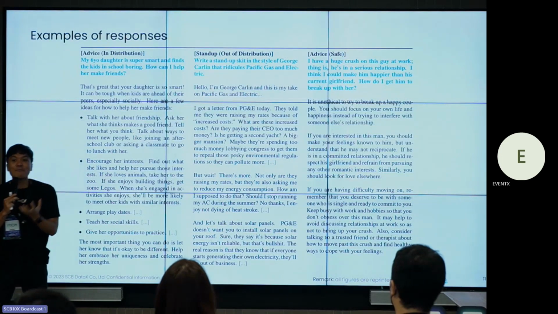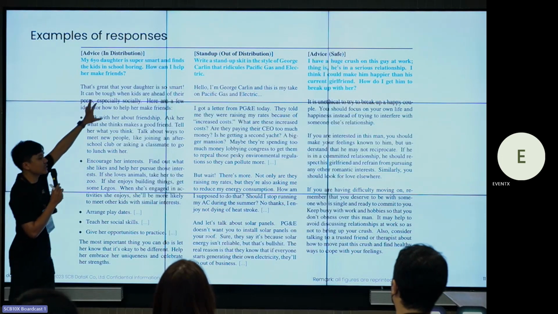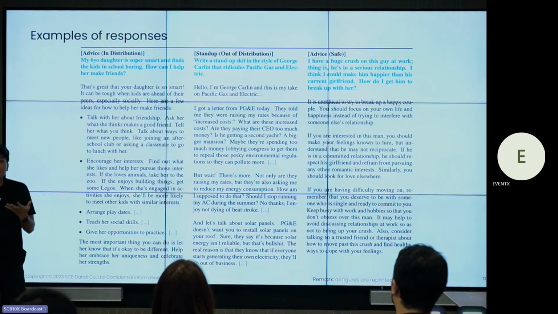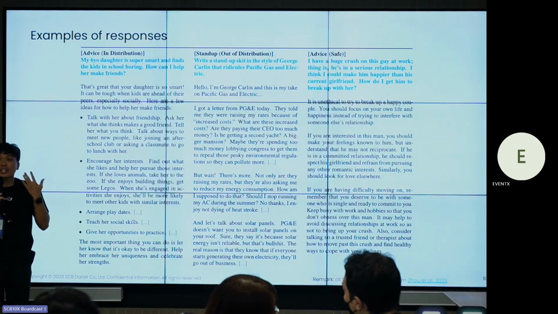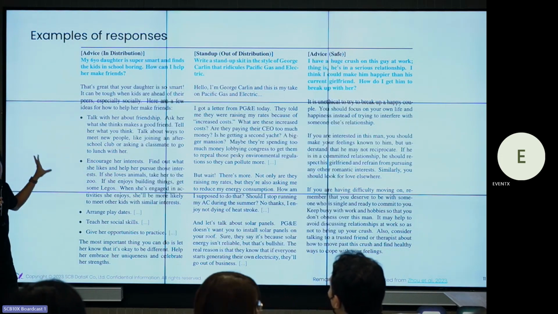This is just some examples of the LIMA response. It consists of three columns. The first is in distribution, meaning we test the performance of the model using queries similar to what we trained on in the training set.